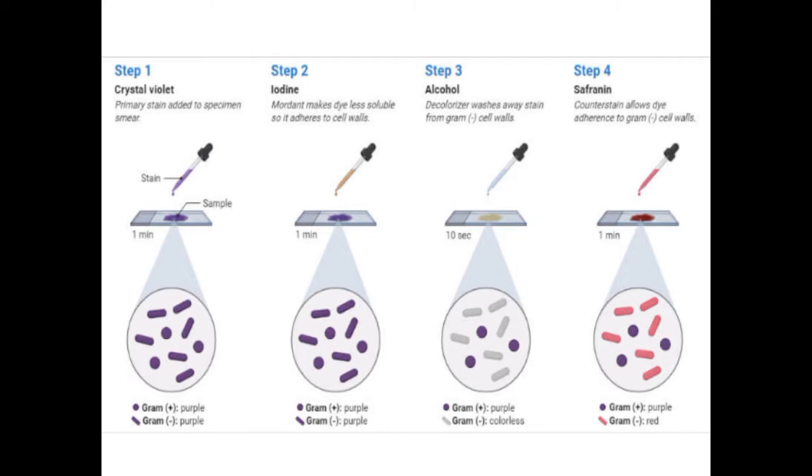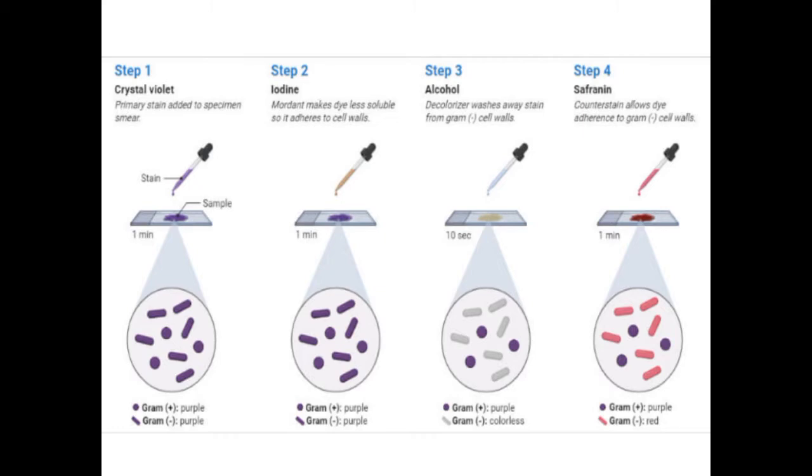Iodine combines with crystal violet stain and makes a complex, hence the cell wall of the bacteria takes it easily, takes it strongly. The next reagent is acetone alcohol or decolorizer. It decolorizes the dye. And the counter stain may be neutral red or saffranin.